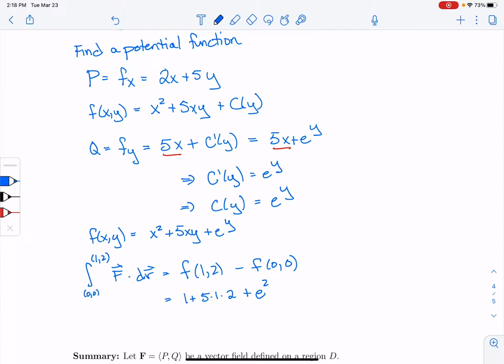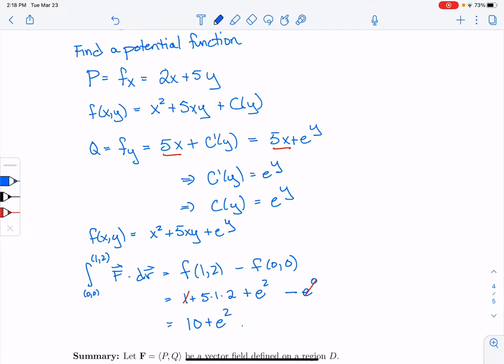And then if I evaluate the other one at (0, 0), I'm going to get 0 plus 0 plus e to the 0. So in fact, this integral becomes, kind of canceling out the 1 and the e to the 0, 10 plus e squared. And so now I've evaluated this line integral that turned out to be path independent just by evaluating the potential function at the two endpoints.